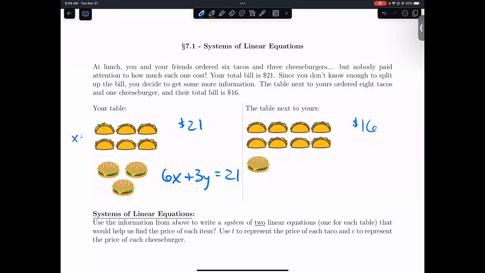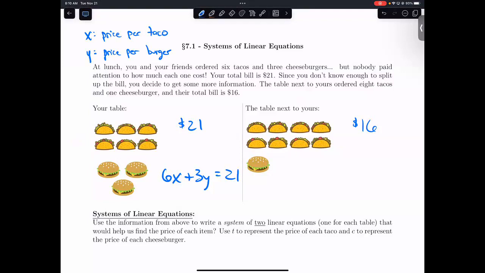Really, we're saying that x is the price for each one, right? The price per taco. And y is the price per burger. Okay, then 6x plus 3y equals 21. Now, again, that's a linear function, right?